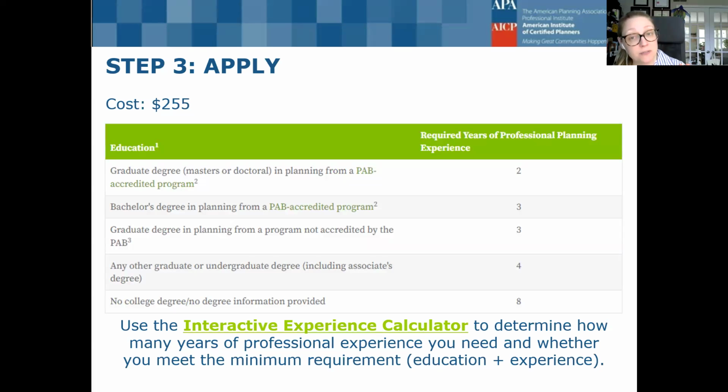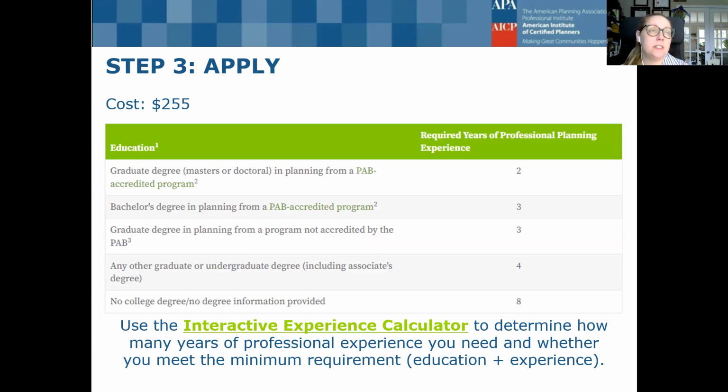There's something called, here's the first of my many calculators. There's an interactive experience calculator to determine how many years of professional experience you need and whether you meet the minimum requirements of education and professional experience to do all of this. So you'll look here on our table.